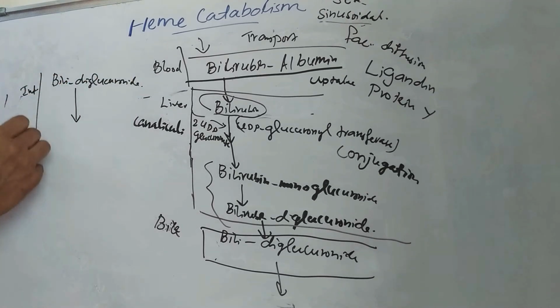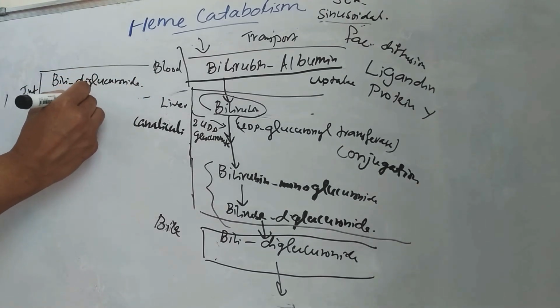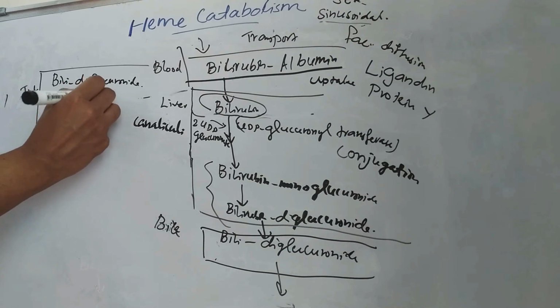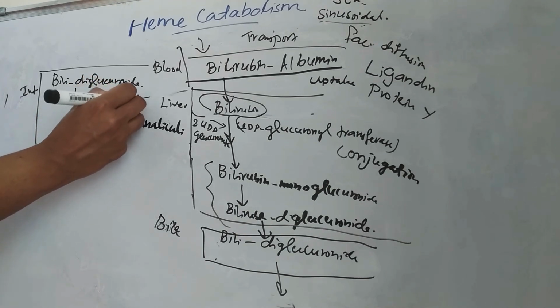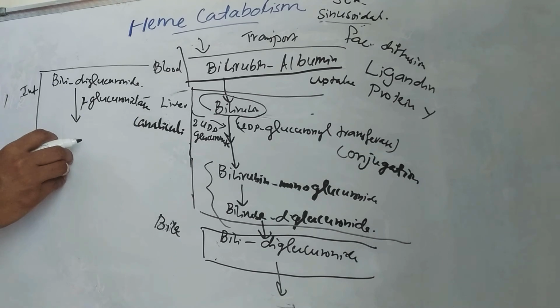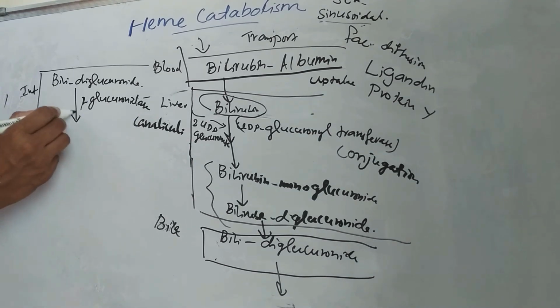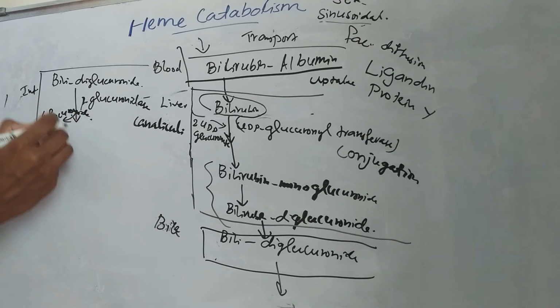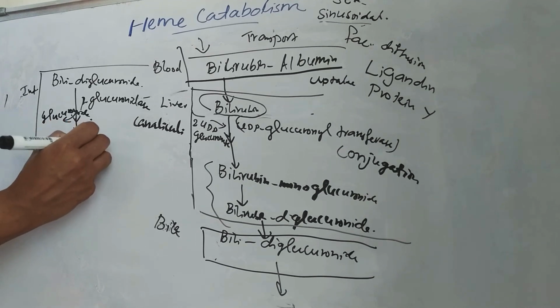Then in the intestine, by the action of the bacterial enzyme beta glucuronidase, the glucuronide is released and it forms urobilinogen.